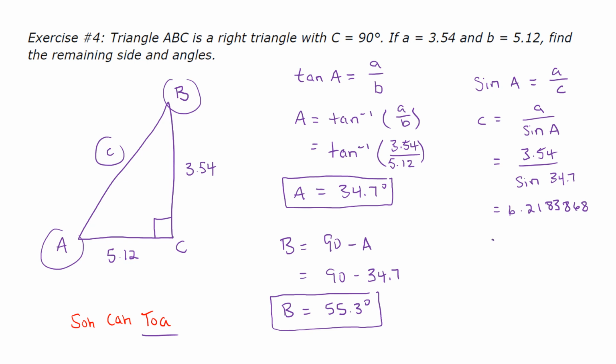But I want to round it to 3 significant digits, so I'll get 6.22. Okay, and so we've now found the angle A, the angle B, and the side C. Awesome.